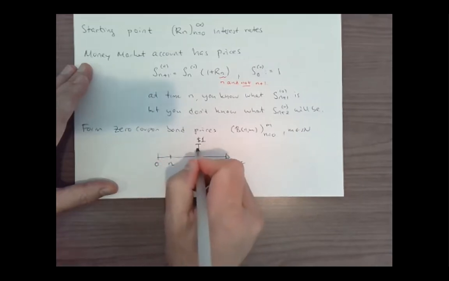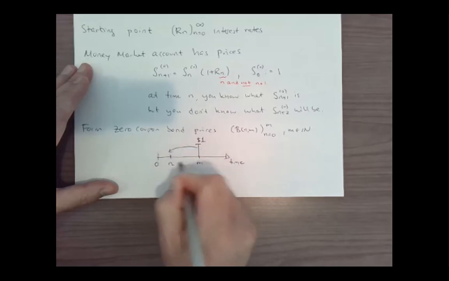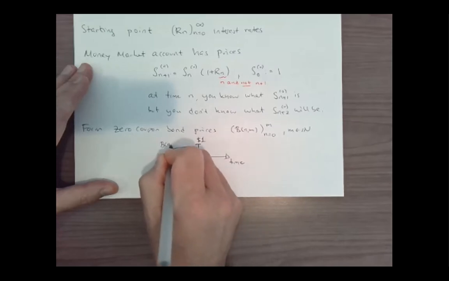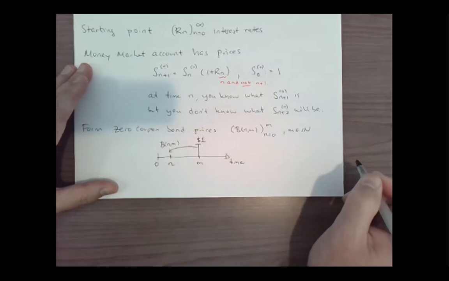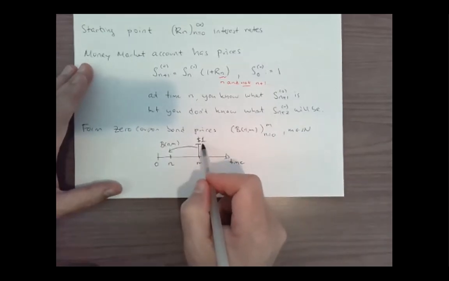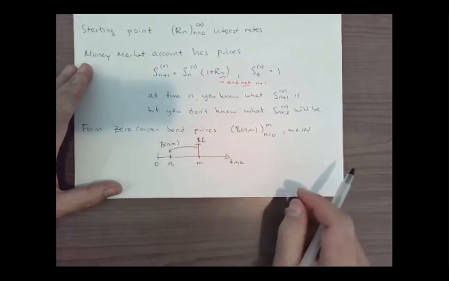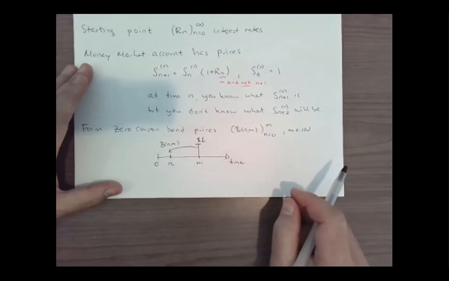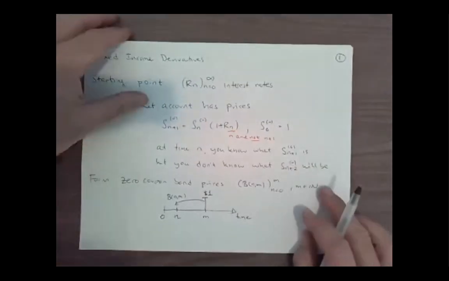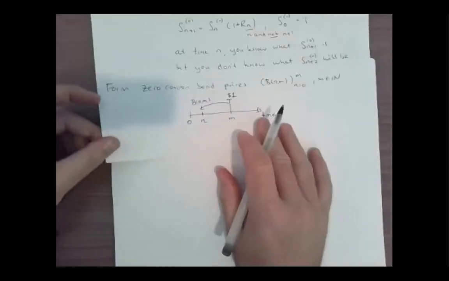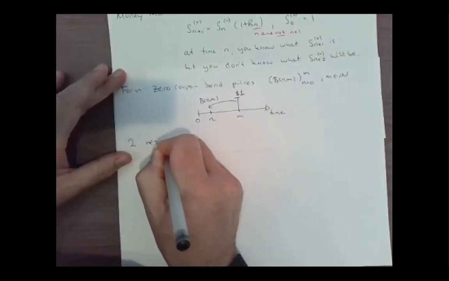So this number here is going to get moved over to time n, and we're going to denote that by B(n,m). This is typically going to be positive but smaller than 1. And the way that we set this up is we're going to have two requirements.